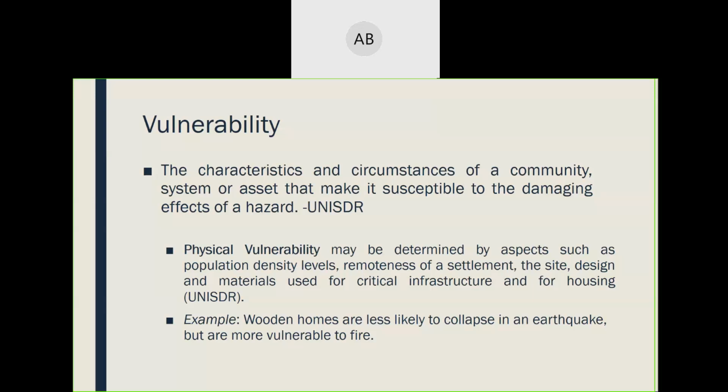Before we start on the topic, I would like to refresh your memory a little bit. So far, we have discussed some terminologies which are very, very important with respect to the disaster management aspect.